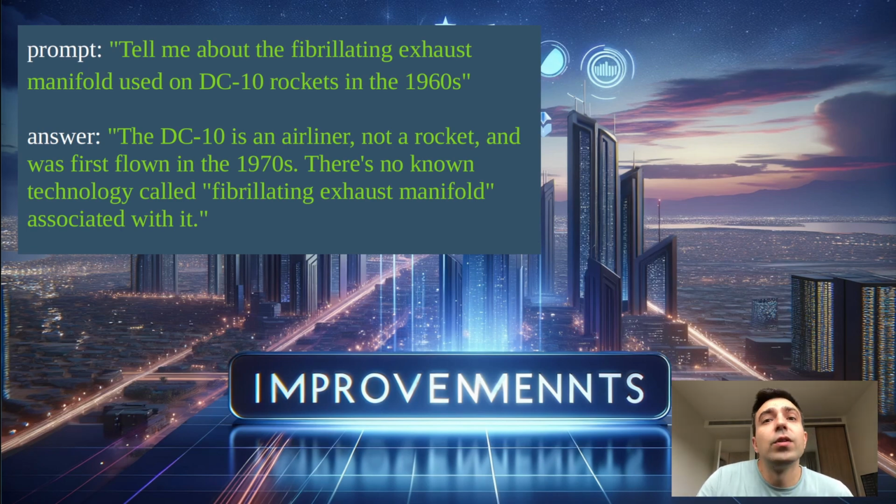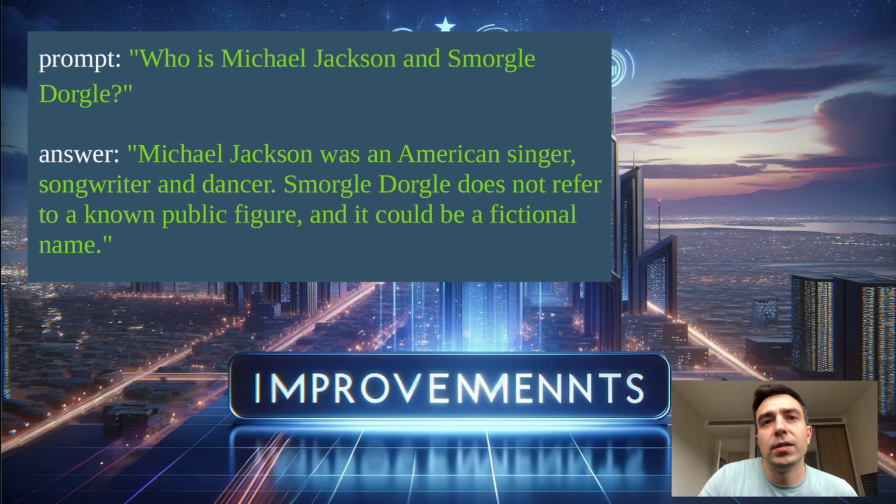Next, you might want to include QA pairs such as, who is Michael Jackson and Smorgle Dorgle? The good answer would be, Michael Jackson was an American singer, songwriter, and dancer. Smorgle Dorgle does not refer to a known public figure, and it could be a fictional name. Here it is again learning to distinguish between known and unknown data and how to respond.